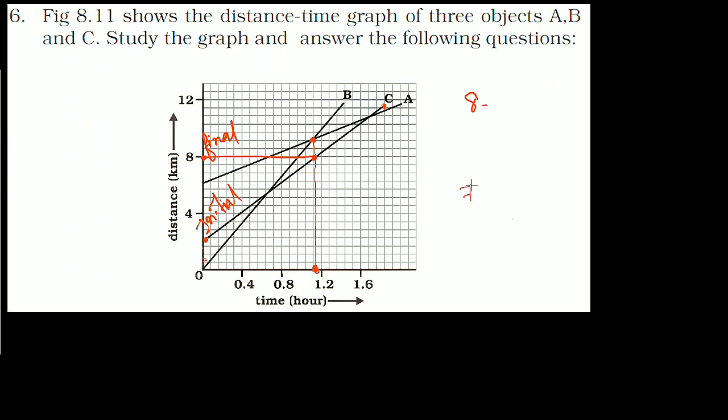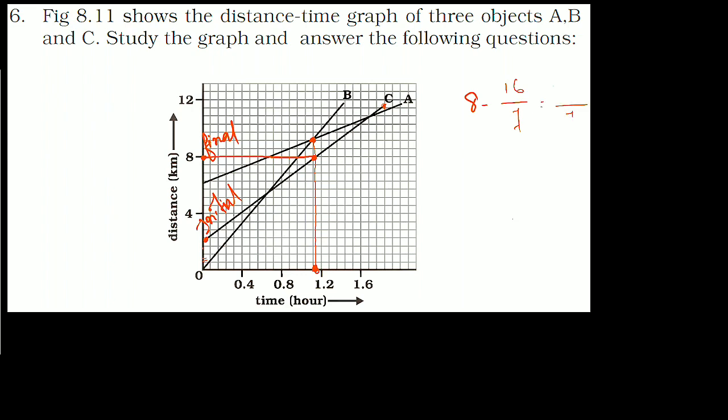If there are 7 boxes, one box will give us 4 by 7. How many boxes are covered? 4 boxes, so the total distance is 16 by 7. If we subtract 16 by 7 from 8, we will get the distance covered when B passes A.